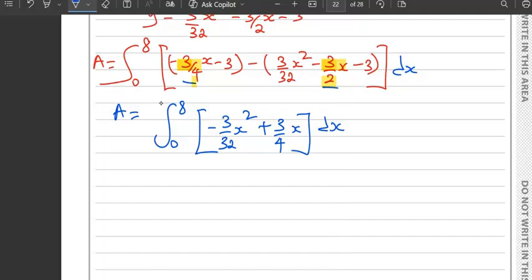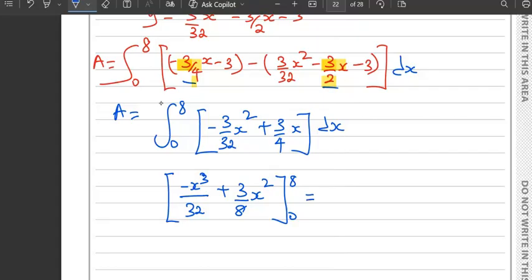So we'll have negative x cubed over 32 plus 3 over 8 x squared, from 0 to 8.